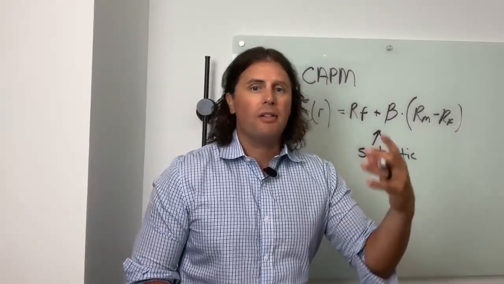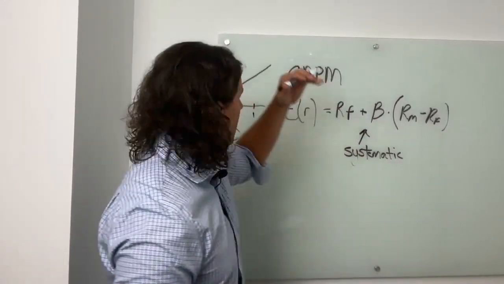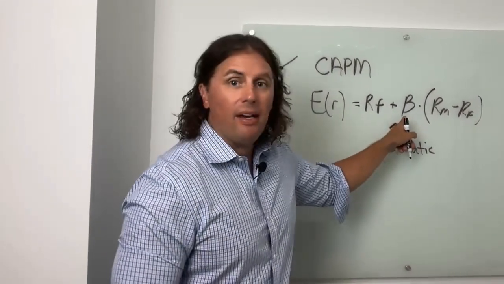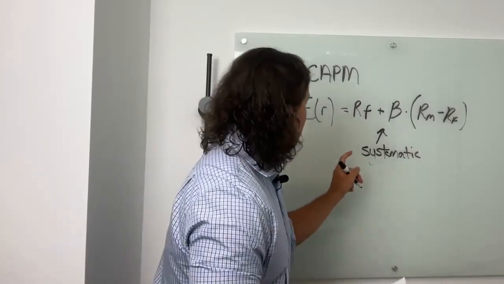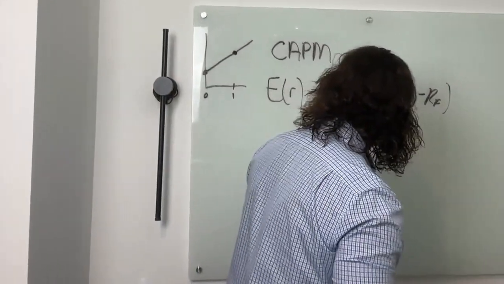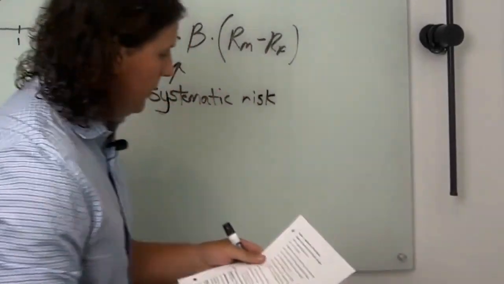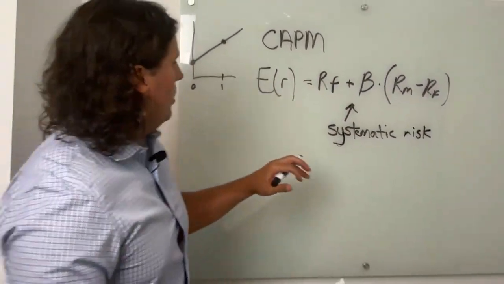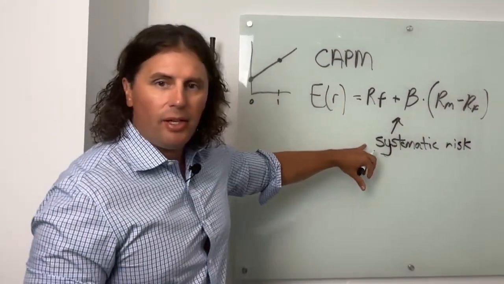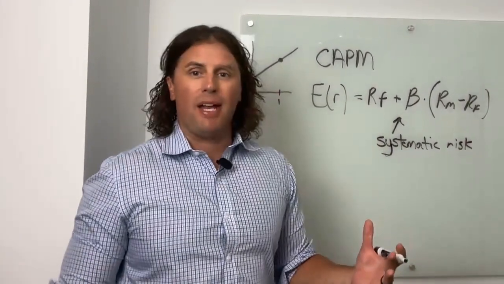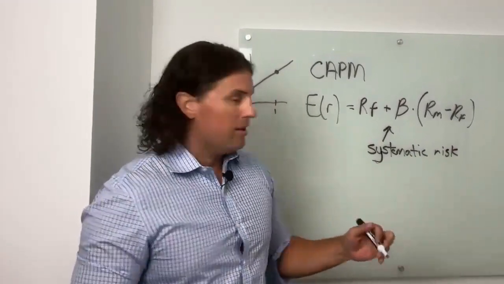So our benchmark, sometimes the S&P 500, or whatever benchmark we're using, has a beta of 1. And we capture systematic risk. So we have systematic risk, and we also have something called unsystematic risk. Those are the two different terms.